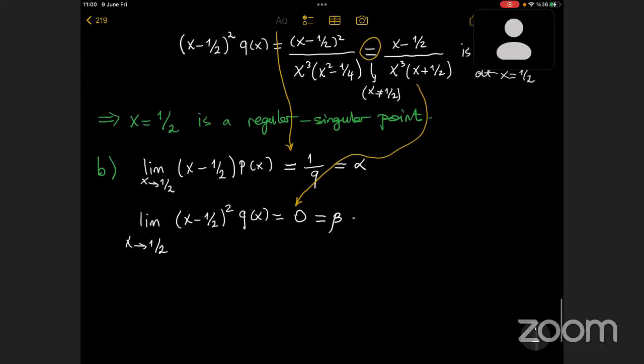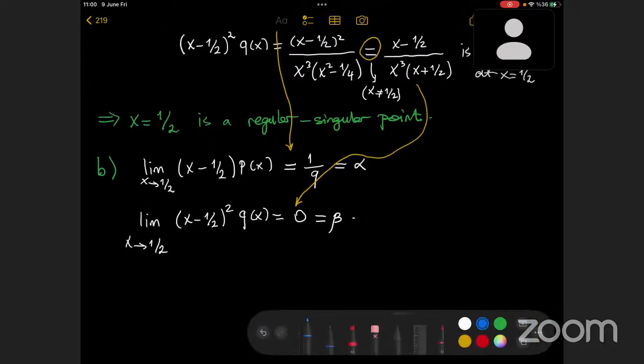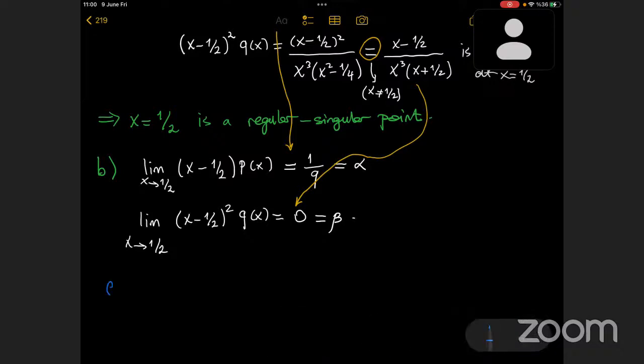So we have alpha and beta, and remember the characteristic equation corresponding to this. So here we use sort of like Euler equation. So characteristic equation of the corresponding Euler equation.